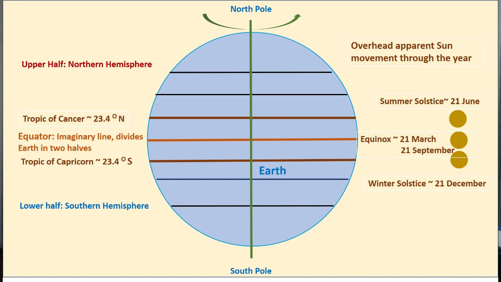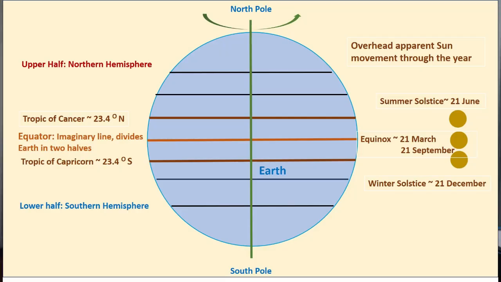Now, what is the significance of the Tropic of Cancer? It means that beyond this line on the globe, the Sun never comes overhead throughout the year. Similarly, the Tropic of Capricorn is the maximum excursion of the Sun in the overhead condition.